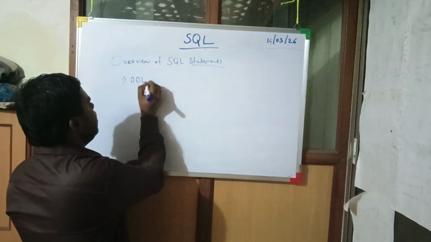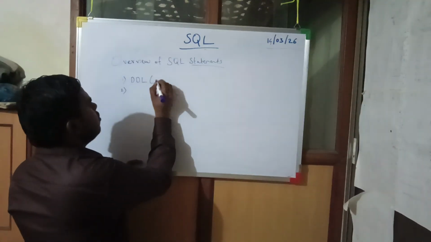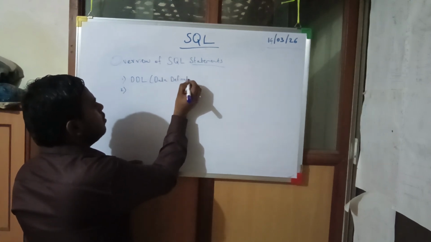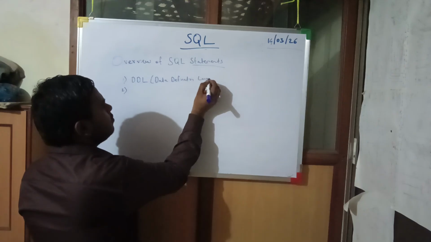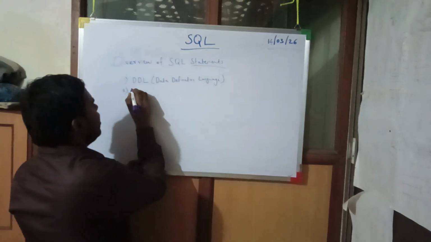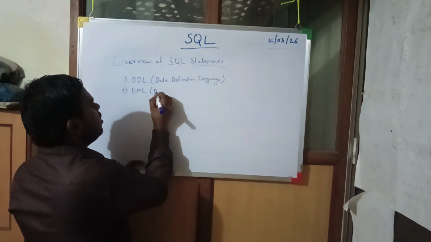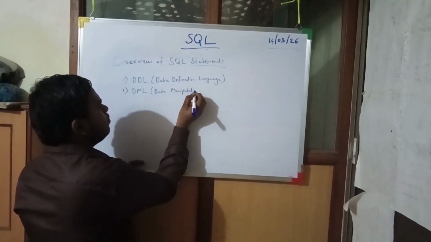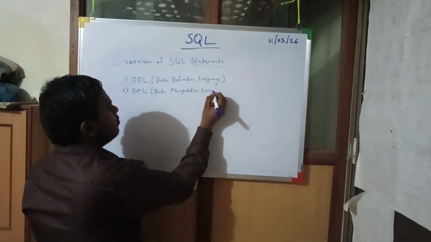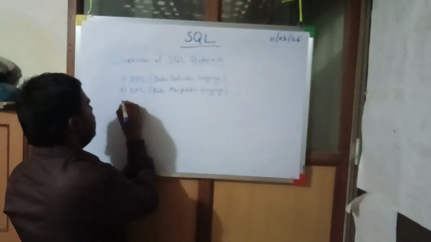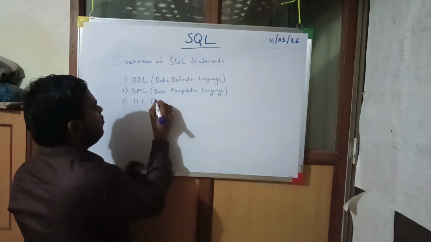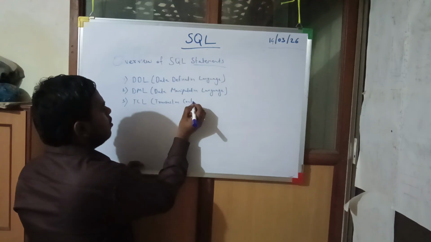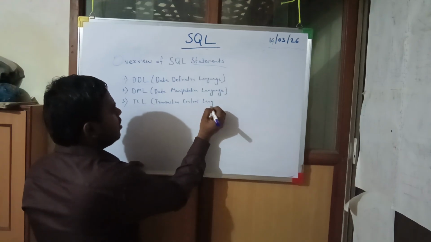The 5 types of statements are: DDL, which is also called data definition language. Second, DML, data manipulation language. Third is TCL, T for transaction control language.